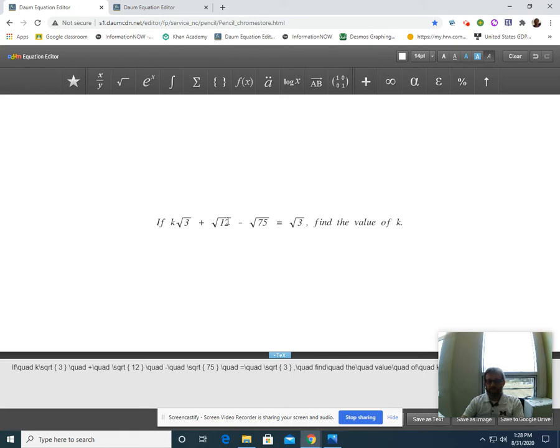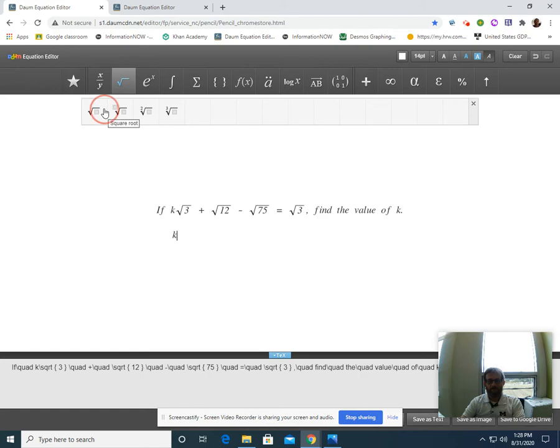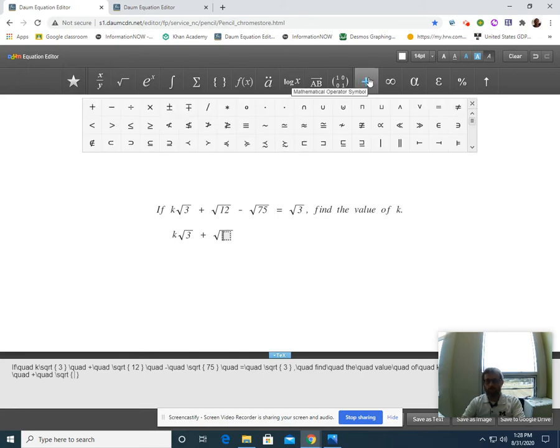What we need to do is simplify the square root of 12 and the square root of 75. So we have k times the square root of 3. If you break down 12, 12 is 2 times 2 times 3.